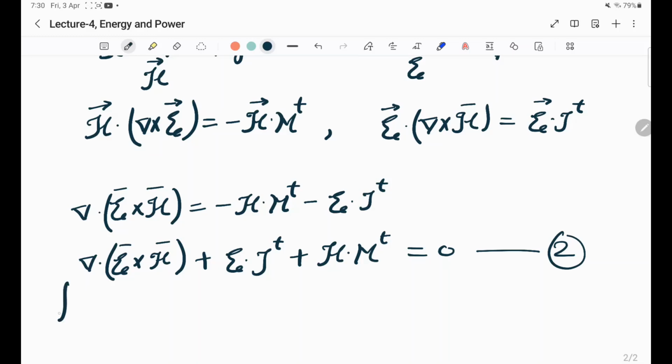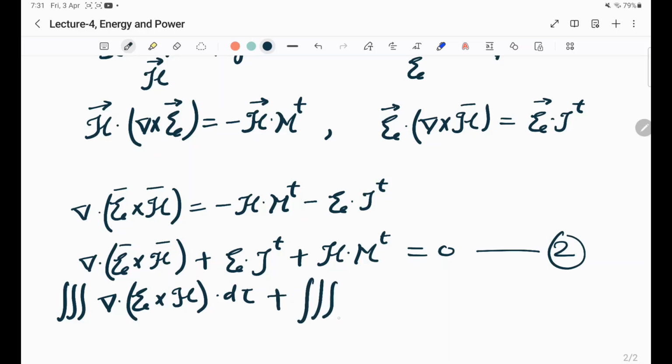So we will get triple volume integration of del dot E cross H d tau plus triple volume integration of E dot J total plus H dot M total d tau is equal to 0.